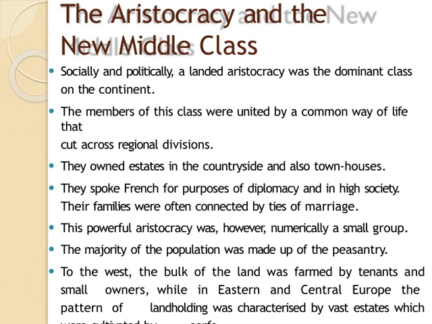However, it's important to remember that this powerful aristocracy was actually quite small in number. The majority of the population was made up of peasantry, farmers, and rural workers. In Western Europe, much of the land was farmed by tenants and small landowners, which created a somewhat more fragmented landholding pattern. But in Eastern and Central Europe, things looked very different.